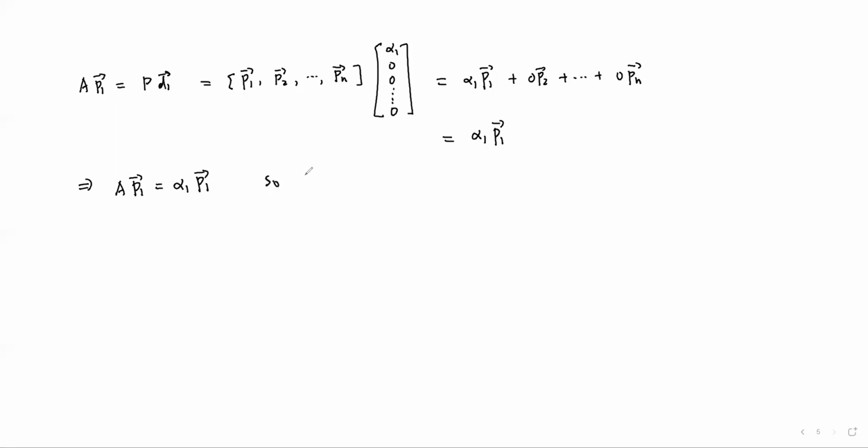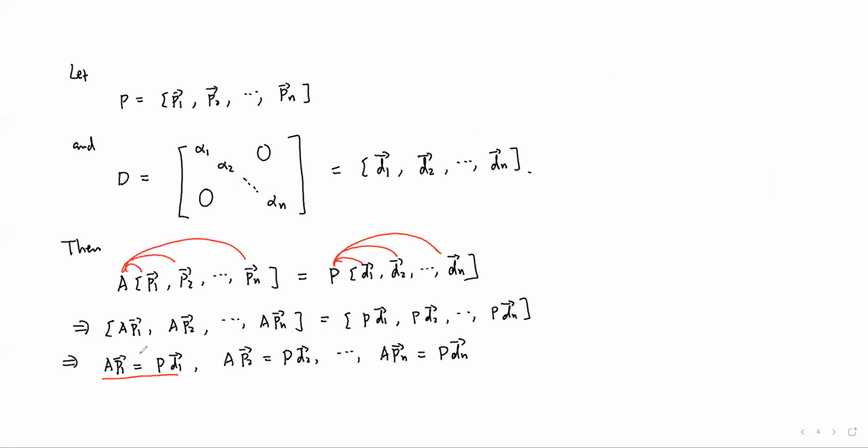So alpha 1 is an eigenvalue, and P1, the first column of the matrix P, is an eigenvector associated with the eigenvalue alpha 1.